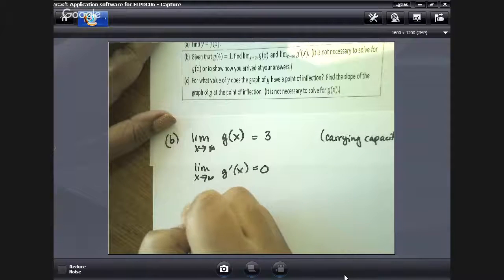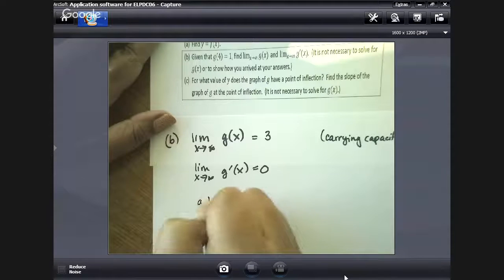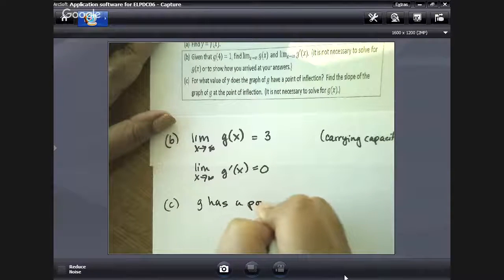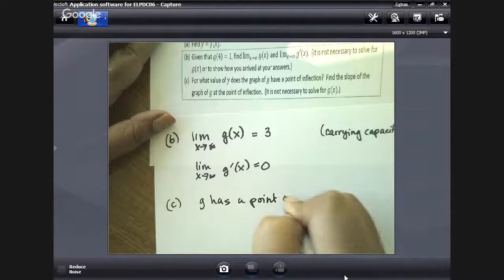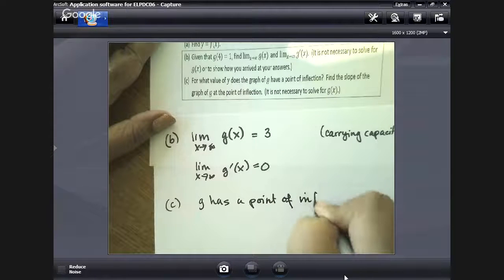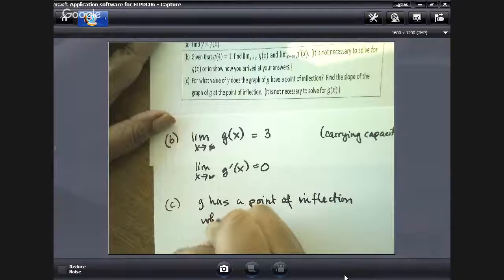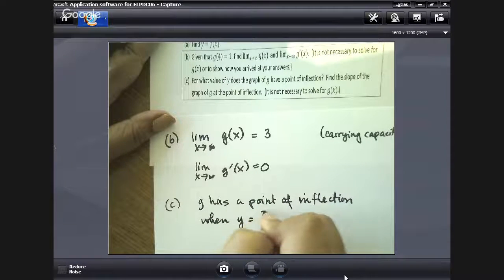So g, this is part C, has a point of inflection when y equals 3/2, half of 3.